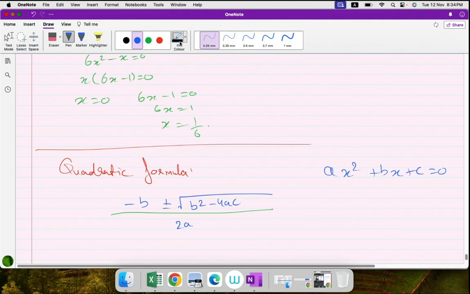So the coefficient of x square is a, the coefficient of x is b, and the remaining constant is c.